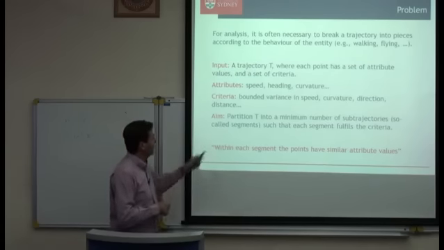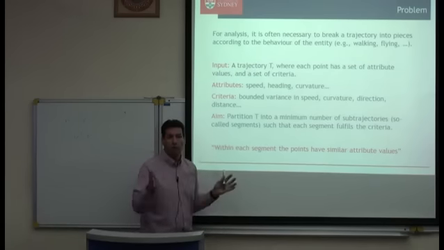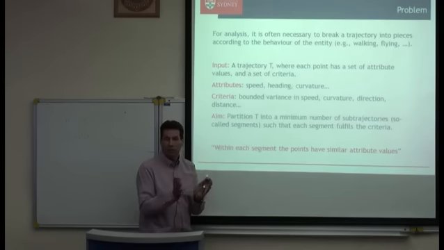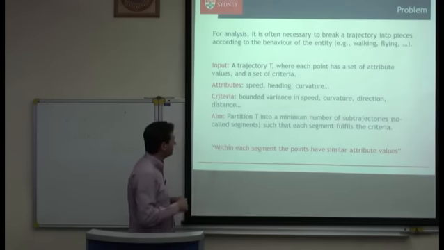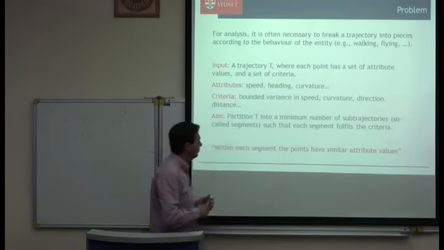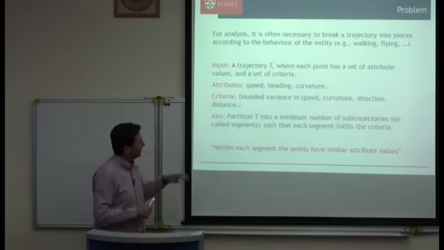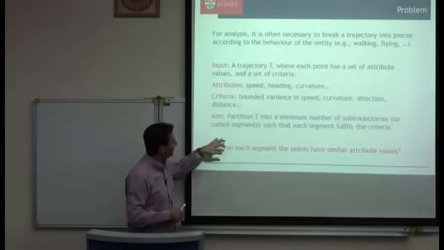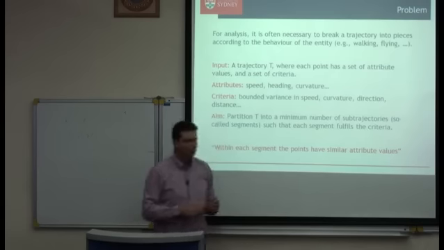And the criteria could then be that we want to find a sub-trajectory where the speed is more or less constant during that sub-trajectory, or at least that it doesn't vary too much inside that sub-trajectory. So what we want to do is partition T into a minimum number of sub-trajectories. They're called segments, so it's a little bit tricky, such that each segment fulfills the criteria.